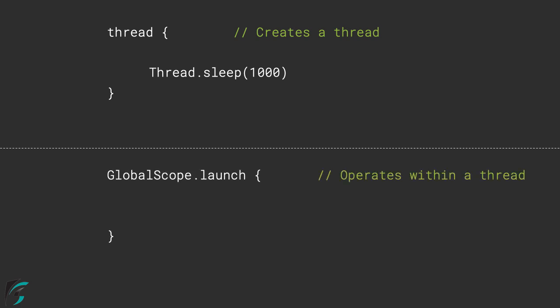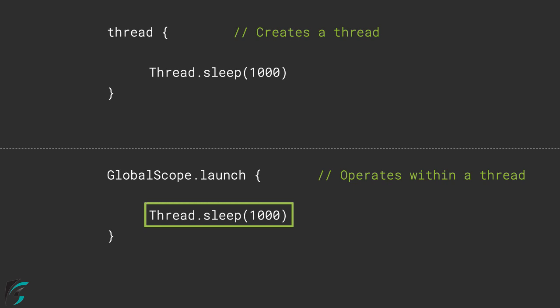So let's get a quick summary of what we saw just now. We created a thread using this lambda expression in Kotlin, and we delayed the thread, or pretended that we are doing some job, by using this thread.sleep function. And then we saw how to create a coroutine which is attached to a thread by using this syntax. But we used the same thread.sleep function within our coroutine as well.